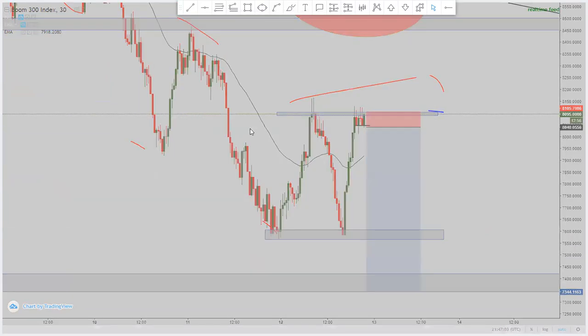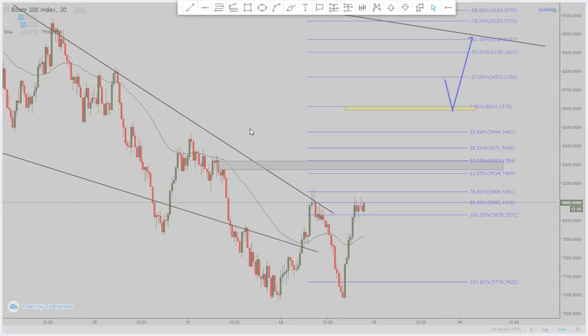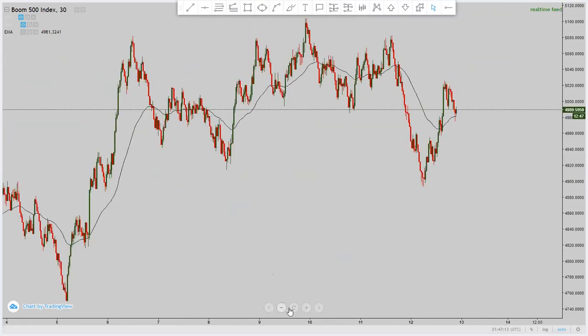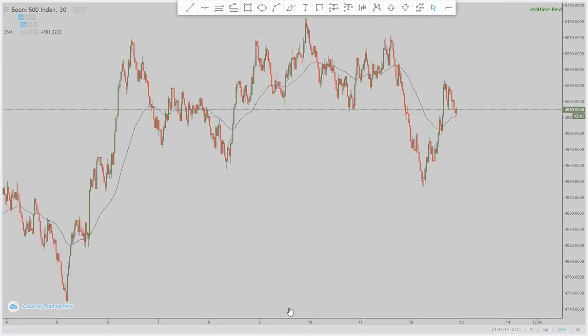Boom 500, we spoke about it being in an uptrend now. We have been in a major downtrend for quite a long time, and that downtrend has been broken, as we mentioned, and we're now in an uptrend.